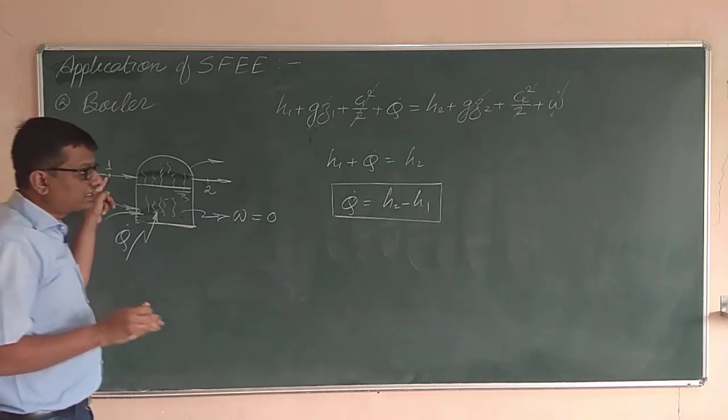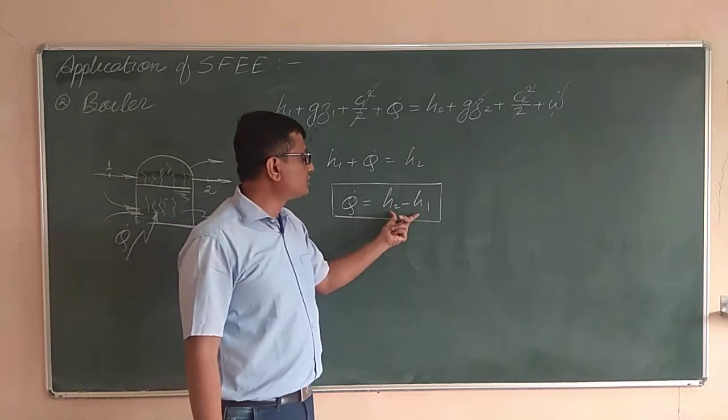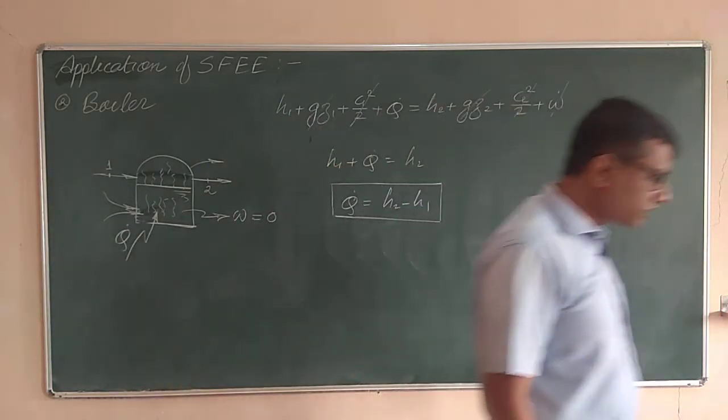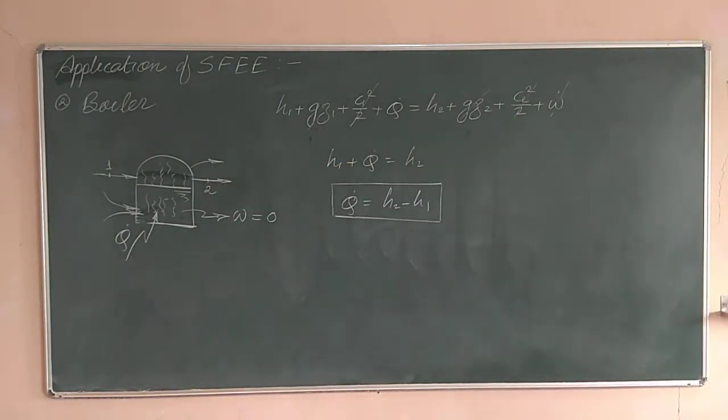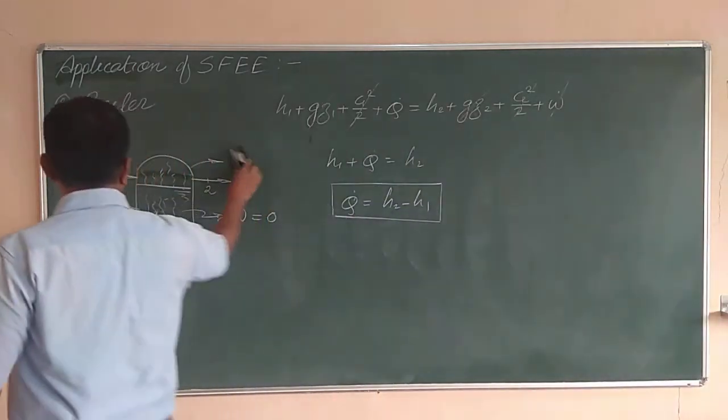So obviously H1 is less than H2, so this term is positive. So this is the application of the steady flow energy equation to the boiler. So let us see the next device.